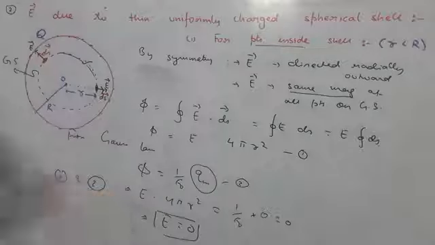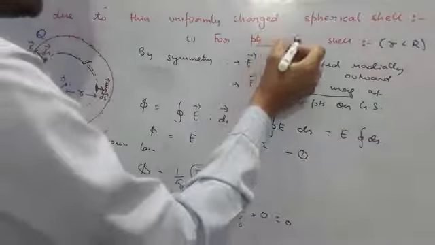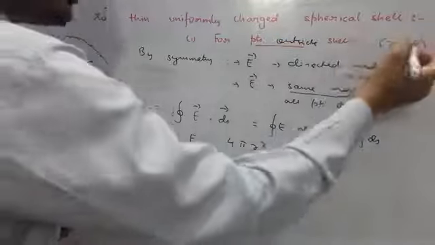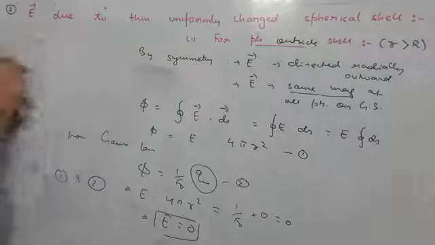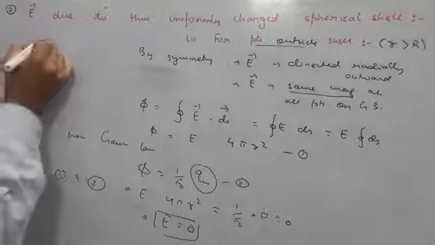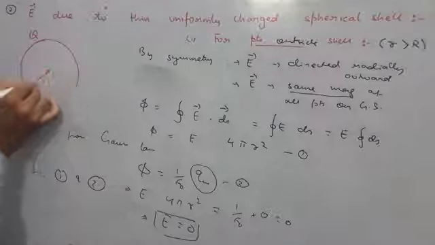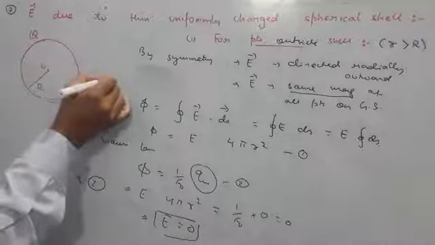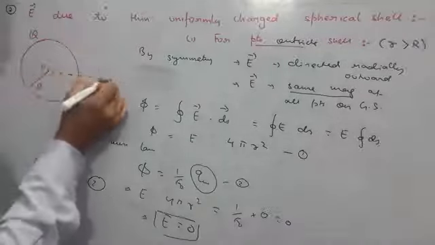So this is our case 1. Then we shall discuss case 2. For case 2, for points outside this shell, so this r will become greater than R. This figure will change slightly, so we'll draw one more figure. So this is our shell on which there is some charge q and its radius is R, center is O. We have to find electric field at this point, which is at some distance, say r.